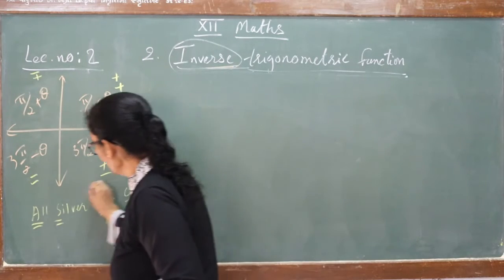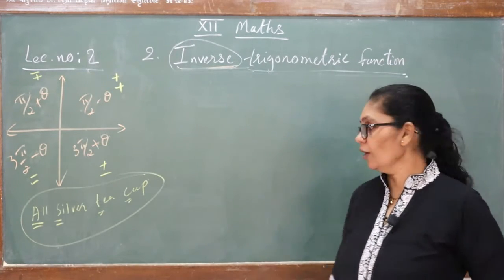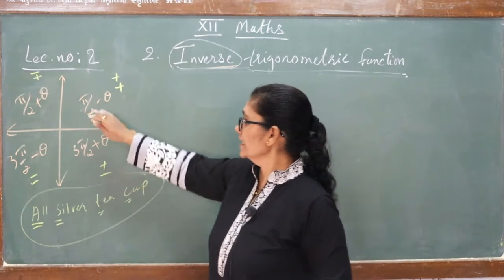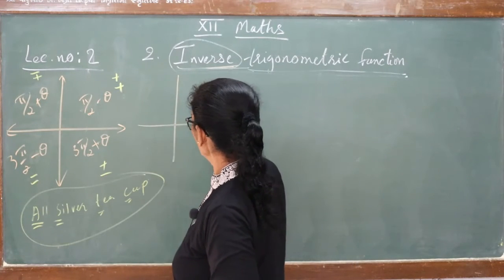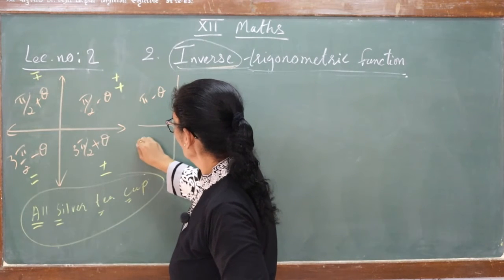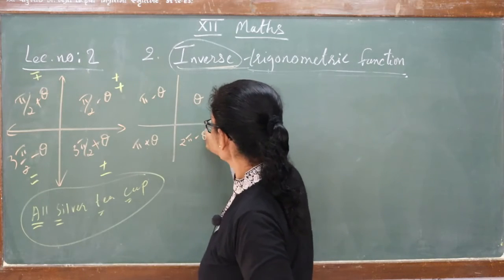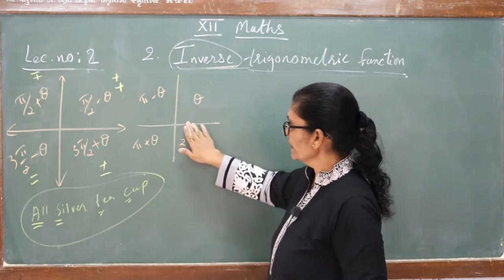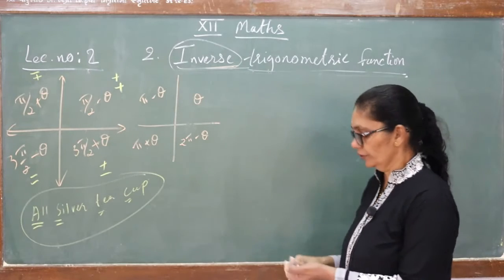So remember this shortcut, ASTC, All Silver Tea Cup. So easily you can remember this table. Okay, another table, same way: theta, pi minus theta, pi plus theta, and last 2 pi minus theta. Again same, All Silver Tea Cup, positive negative, the concept is same for both tables.